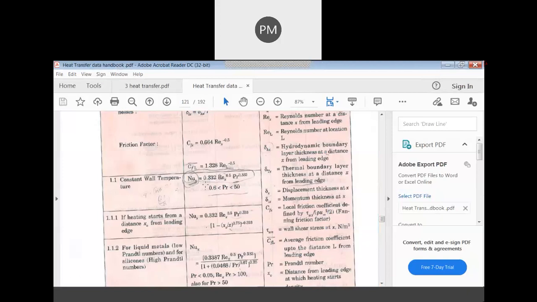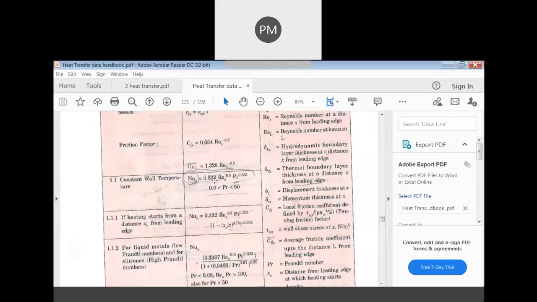Local Nusselt number is given by 0.332 into Reynolds number to the power of 0.5, Prandtl number to the power of 0.33. How will you make it average? You know, in a laminar flow, average Nusselt number is given by multiplying the local Nusselt number with the value 2. Okay, this you should know. So when you know the local Nusselt number, you are going to get the average Nusselt number by multiplying the local Nusselt number with 2.